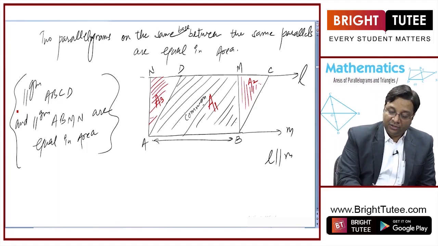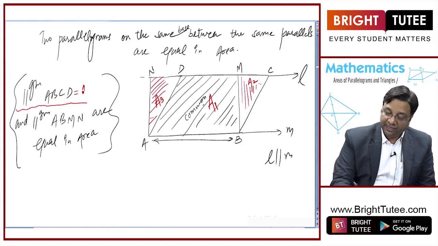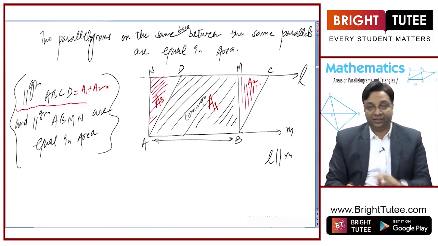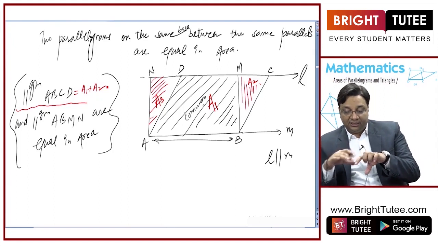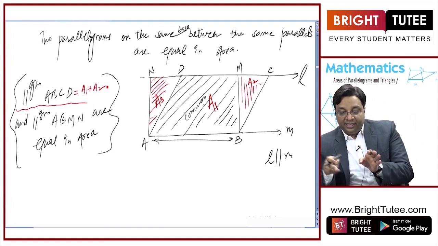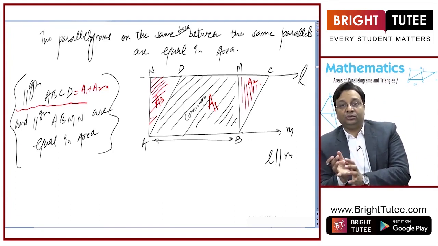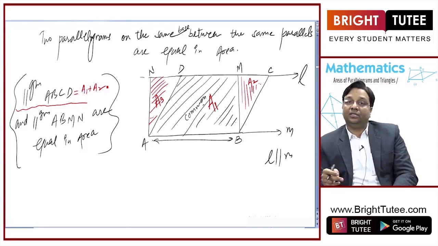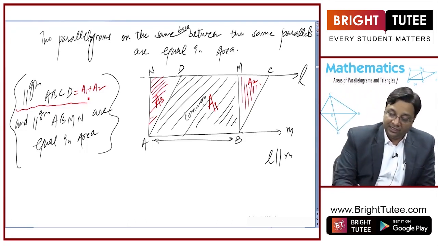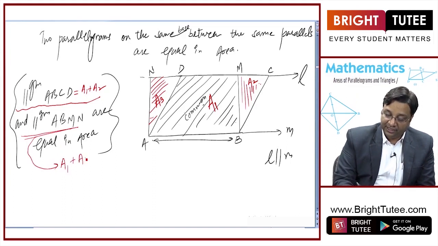So, can I say the area of parallelogram ABCD is equal to A1 plus A2, as we discussed in the introduction part, that this region consists of two regions ABMD and BMC. So, we can add the areas of these two regions to obtain the area of parallelogram ABCD. So, yes, it is equal to A1 plus A2, and area of parallelogram ABMN is the sum of areas A1 and A3.